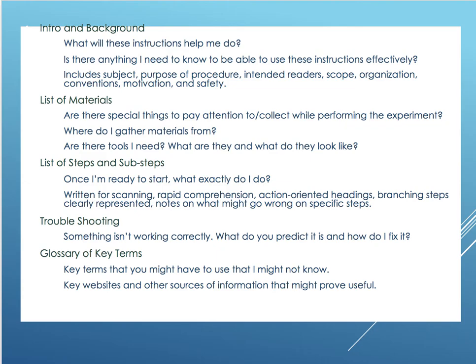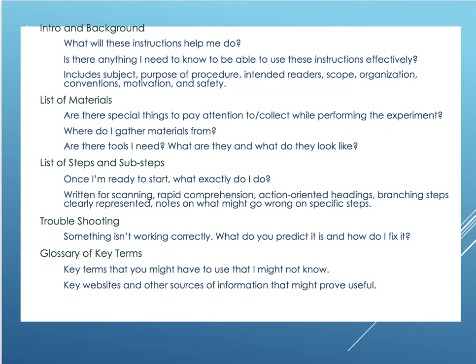So this section needs to include the subject, purpose of procedure, the intended readers, the scope of the instruction set, what all it is going to show us how to do, the organization, explaining how the instruction set is laid out, the conventions, the motivation to read, and safety. Motivation and safety are part of persuasion. Again, our readings explain that we have to be persuasive as we write these because we have to get people to actually read them, and that's where motivation and safety come in.